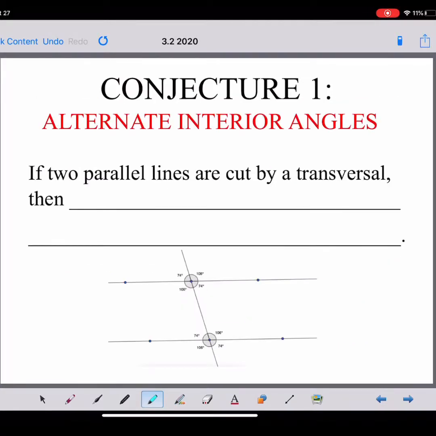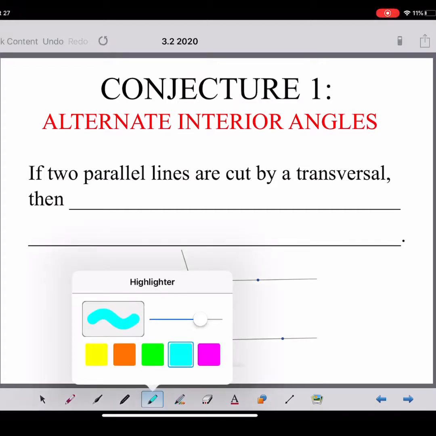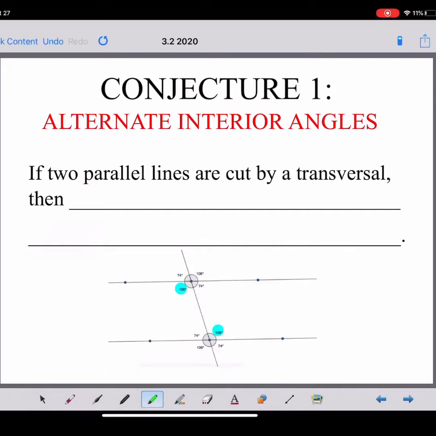So we're going to focus in on alternate interior angles. There is one pair of alternate interior angles and our second pair of alternate interior angles. So what conjecture can you draw from our two pairs of alternate interior angles? What do you notice about both sets of angles?